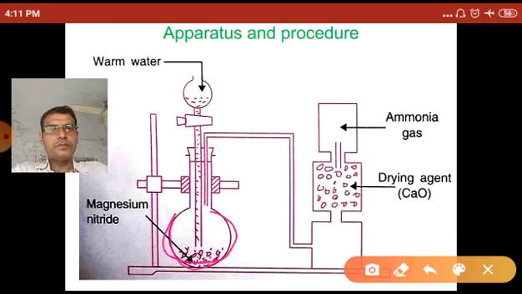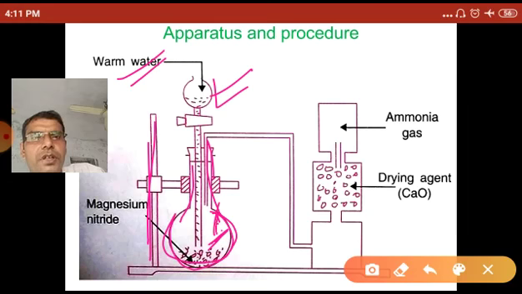This one is a round flask. Arrange this round flask on the stand, take the magnesium nitride in the round flask, and fit the round flask with a thistle funnel containing the warm water.